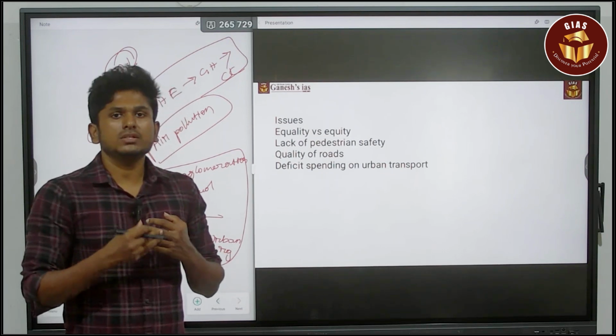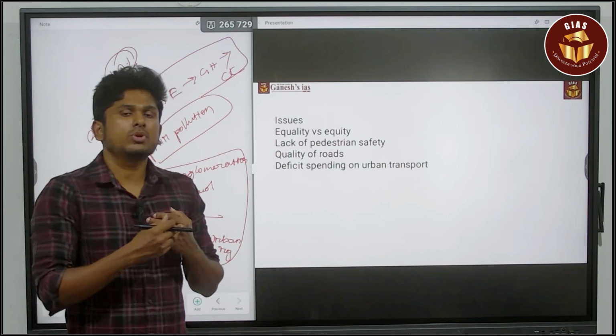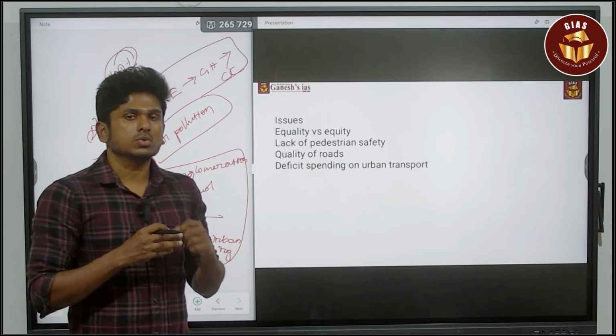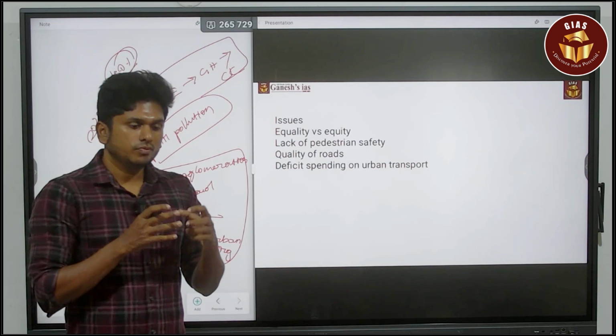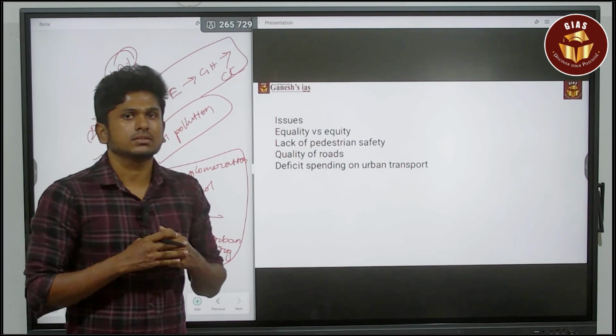So these are the major issues. If you are not going to address these issues, people won't use it. So these are the major concerns: the quality, the cleanliness and the timeliness. Whether you are operating in a timely manner or not is also a major concern.